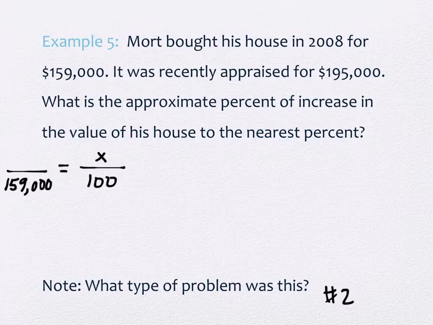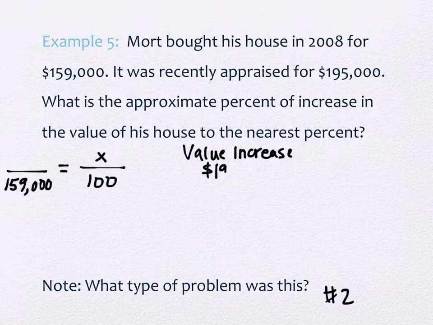So do you guys want to do the subtraction value or you want to do the 195? Subtraction? Okay. So the percent increase, or the value increase for now, actually, first, would be my 195,000 minus my 159,000.